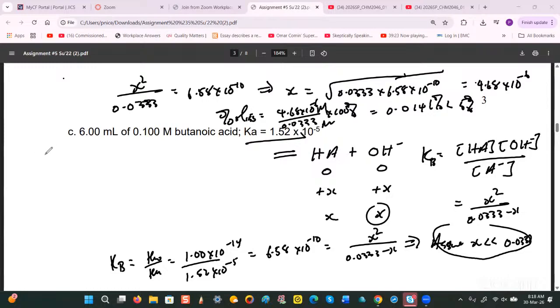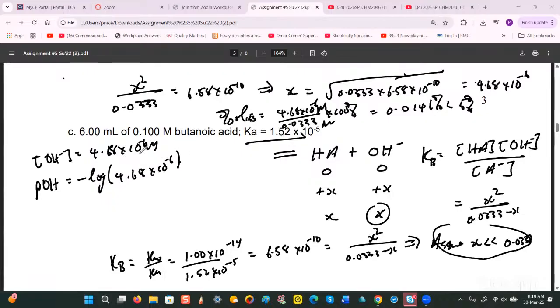So the concentration of OH minus, therefore, is equal to 4.68 times 10 to the minus 6 M, which means that pOH is equal to minus log of 4.68 times 10 to the minus 6.